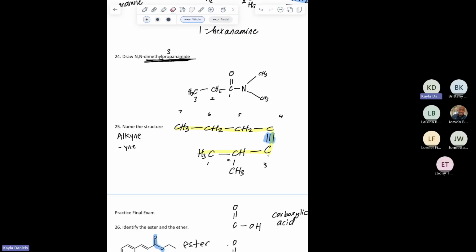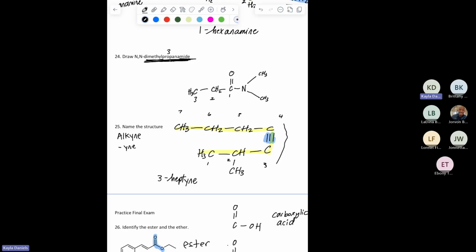Okay. So pen to paper, we got yne, hept, because there's 7 carbons in that main chain. Now this triple bond spans from 3 to 4, but I just say the lowest, so 3.